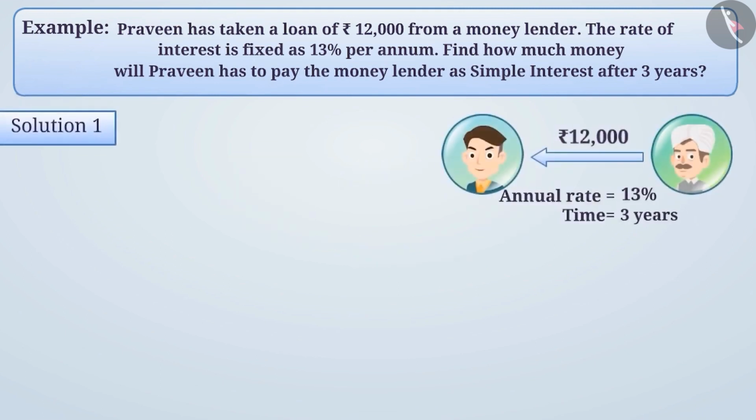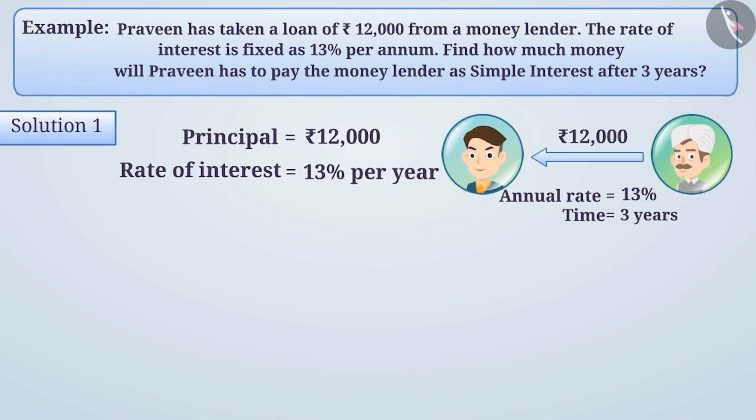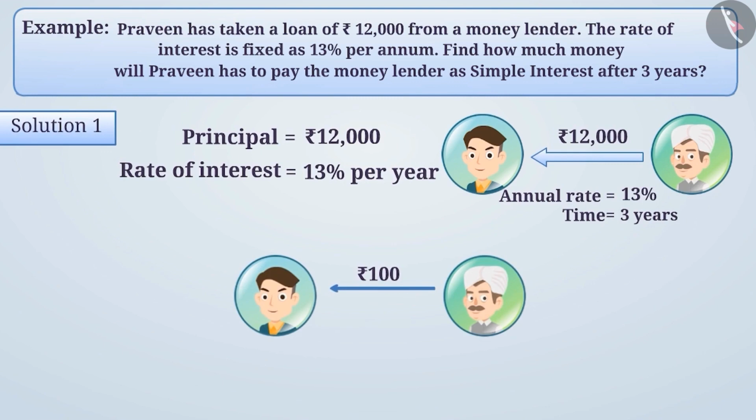Solution 1. Here, rupees 12,000 is borrowed, therefore, the principal is 12,000 rupees. Rate of interest is 13% per year. This means if Praveen takes a loan of rupees 100, then after 1 year he has to give rupees 13 as interest to the moneylender.